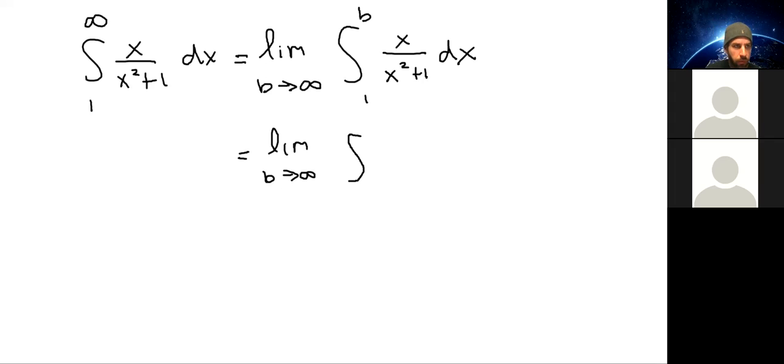So I'm going to use u equals x squared plus 1. That means my du is 2x dx. So when I do this, this integral becomes 1/2 times the integral of 1 over u du.